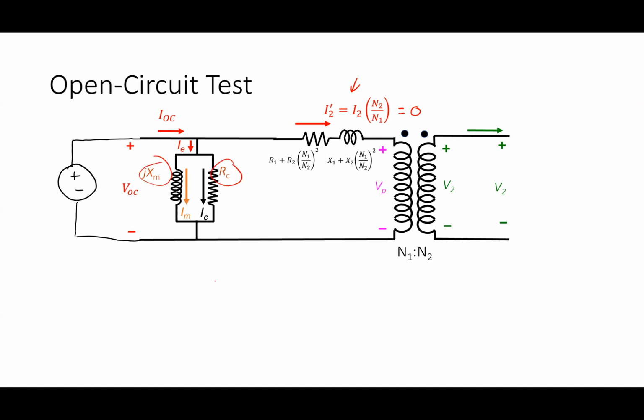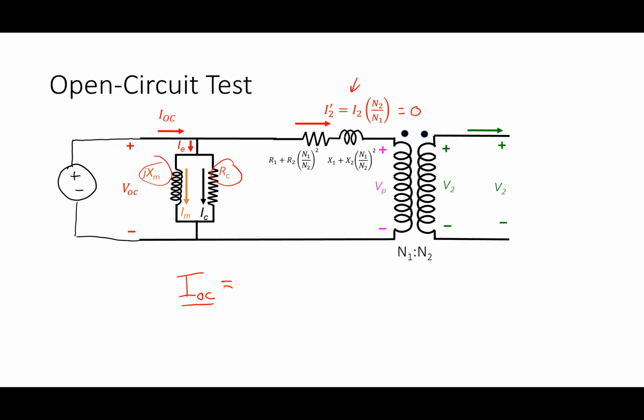So the way I would write this, I wrote IM as the magnetizing current, that's the current in the inductor. IC is the current in the core loss. If I think of IOC as a vector, or as a phasor, how could I write that in terms of IM and IC?